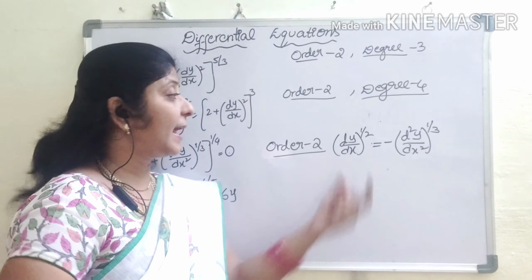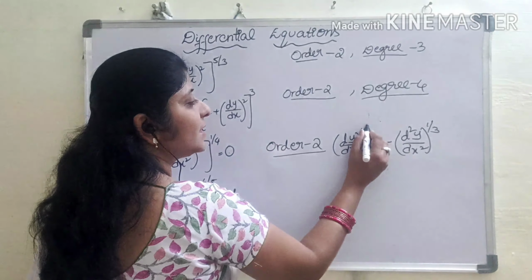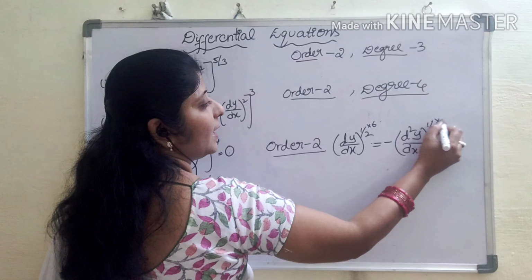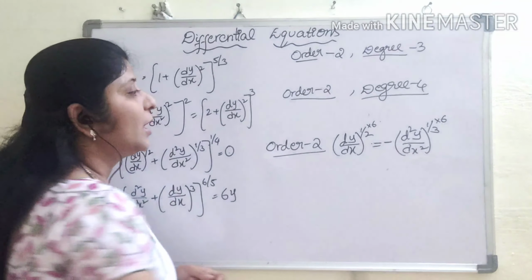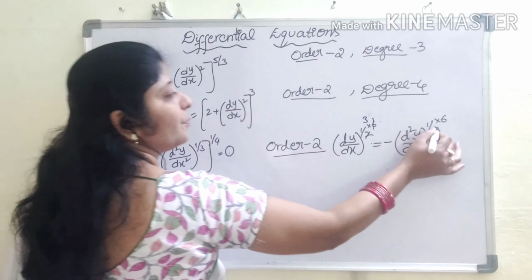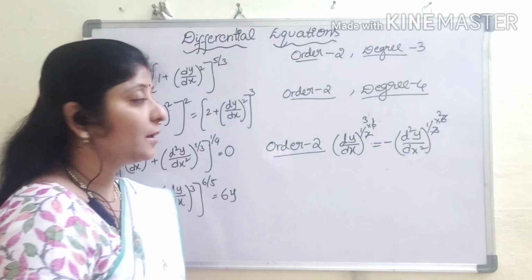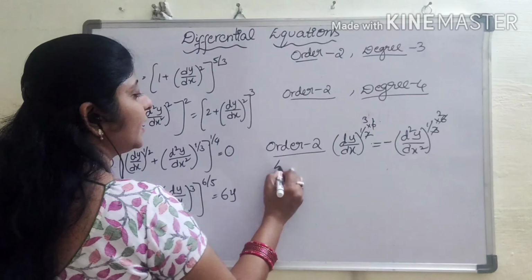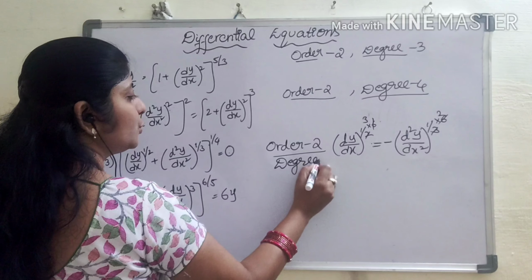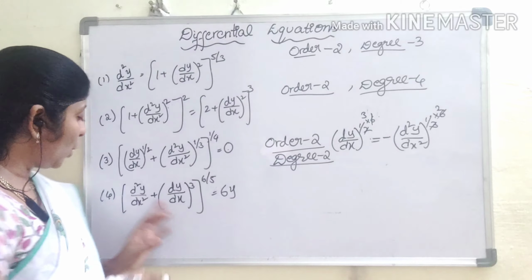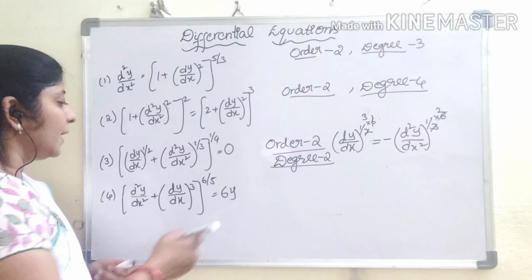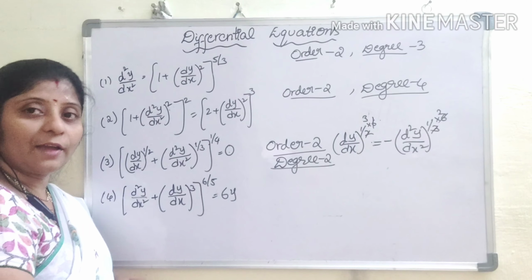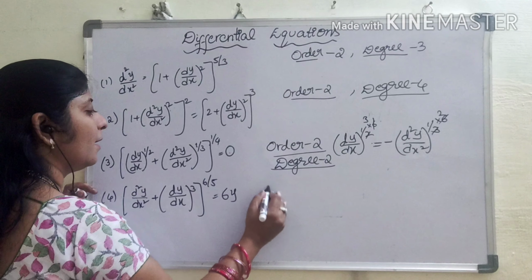To remove the rational powers, multiply this one with 6 and multiply also this one with 6. You get here 3, 2. That means d square y by dx square having the power 2. So degree is 2.